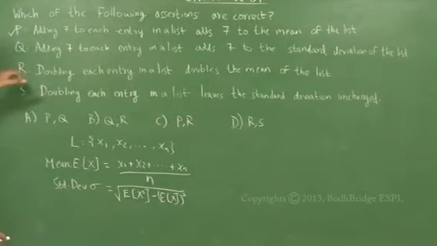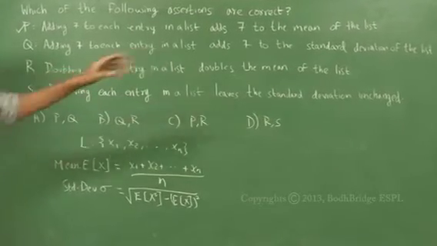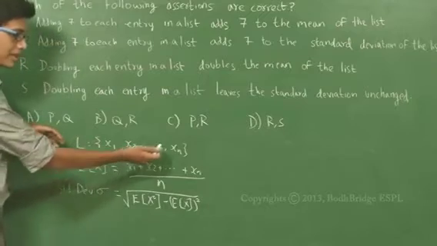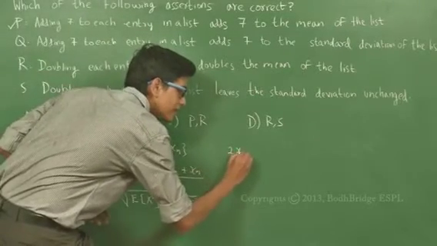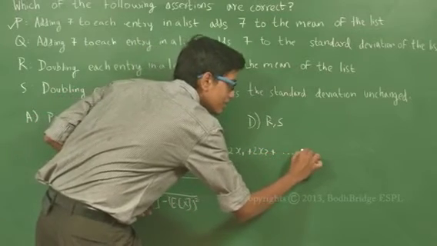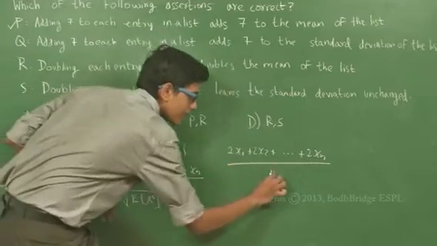Now let's see assertion R. Doubling each entry in a list doubles the mean of the list. The entries in the list are x1, x2 till xn. If we double each entry, it will become 2x1 plus 2x2 plus till 2xn, divided by n.